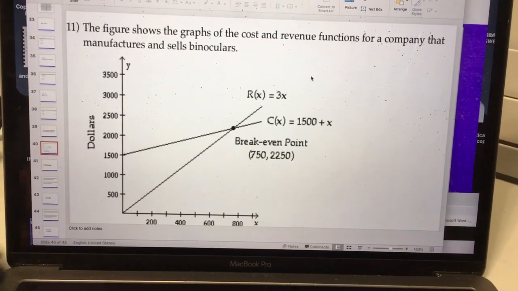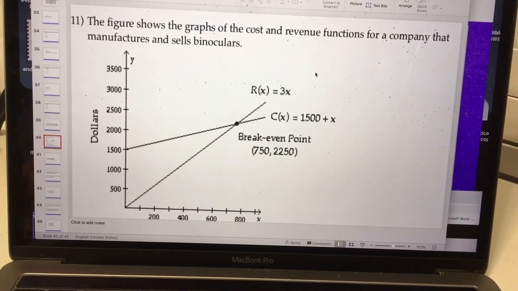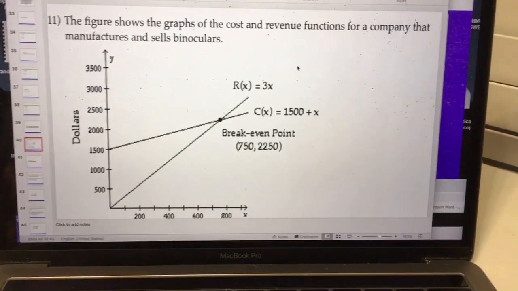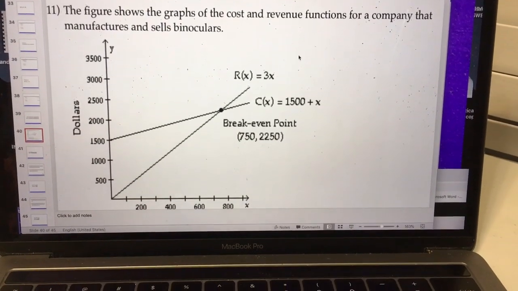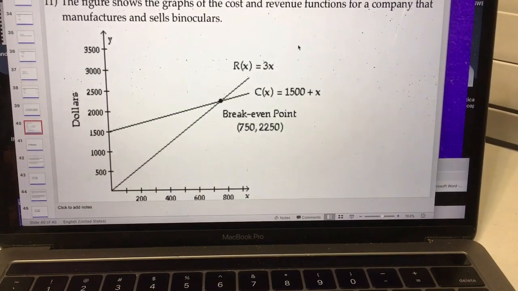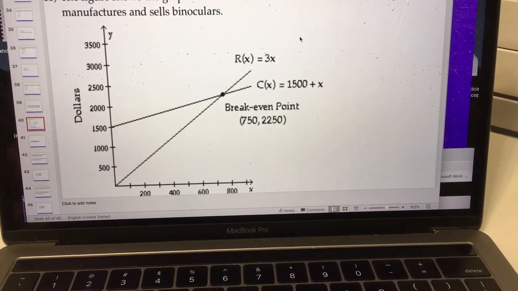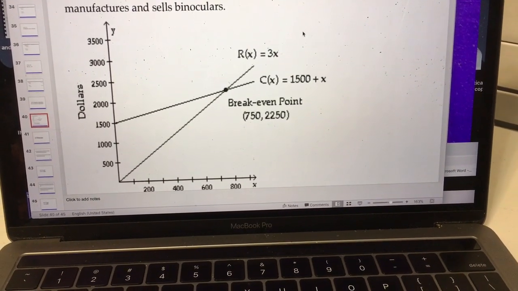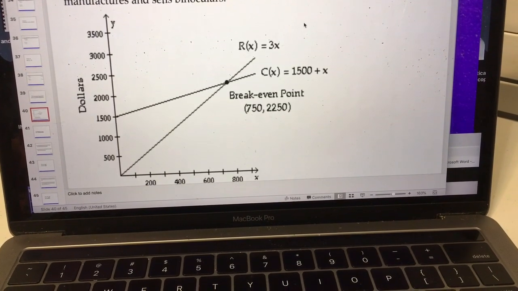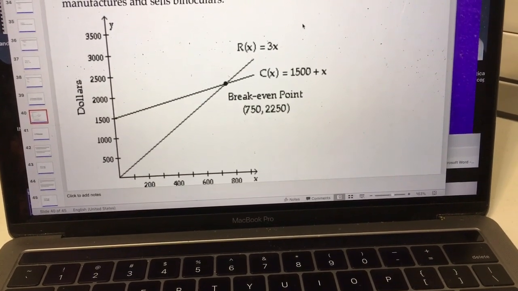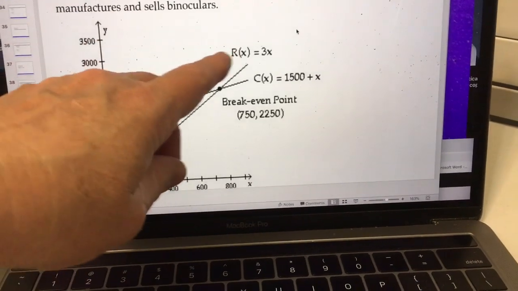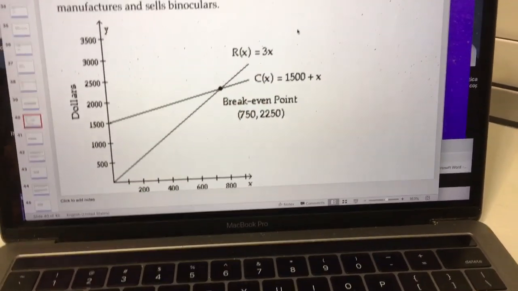Now, the break-even point is the point where cost equals revenue. What you're putting out equals what you're pulling in. And you're not at the point where you're making profit yet. You've just broken even. And to do that, we will set these two equations equal to each other.